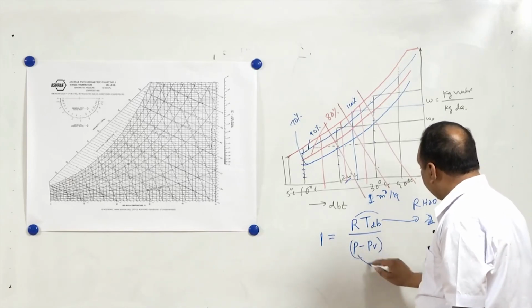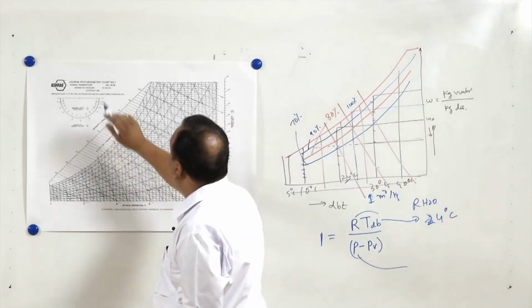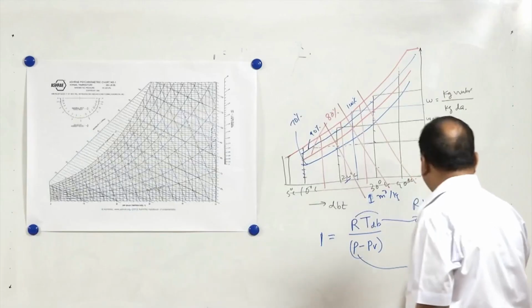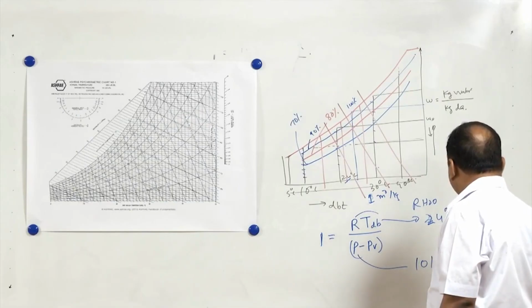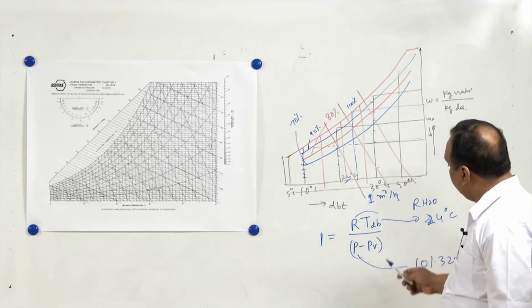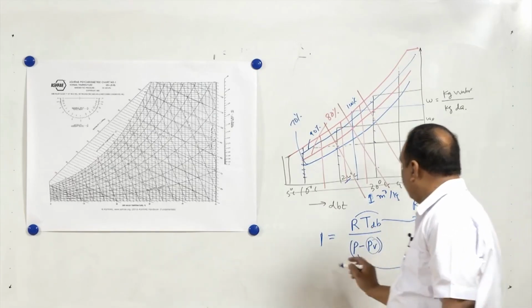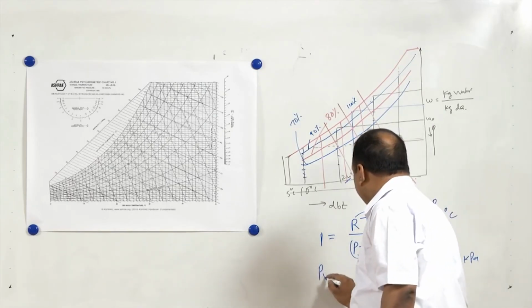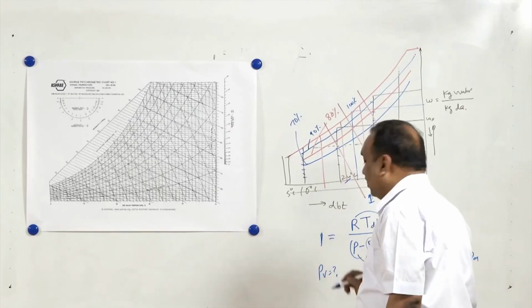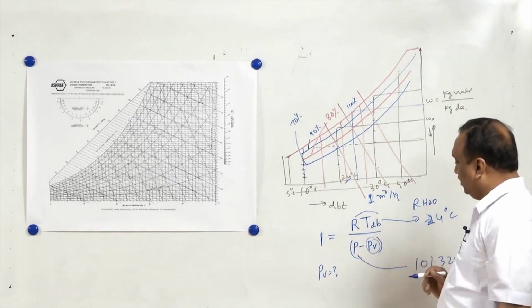P is already with us, it is given here, sea level 101.325 kilopascal. Now what is unknown here is PV. So from this equation we can find the value of PV for 1 meter cube per kg of volume.